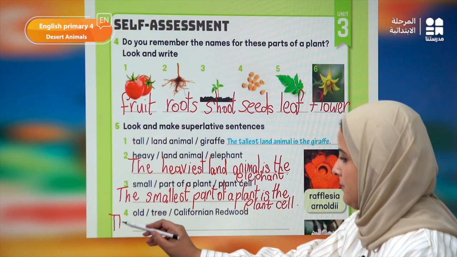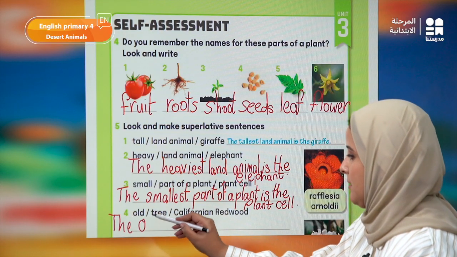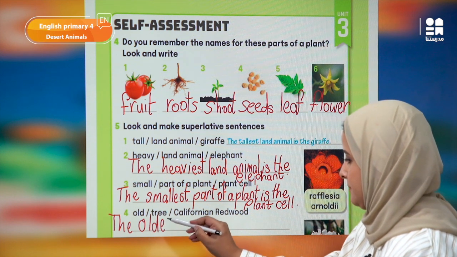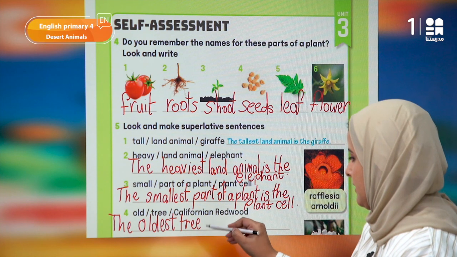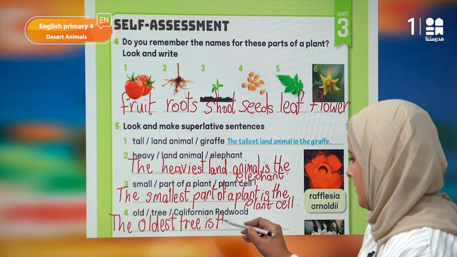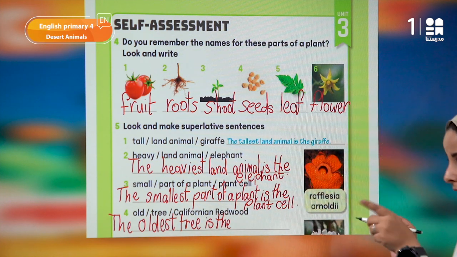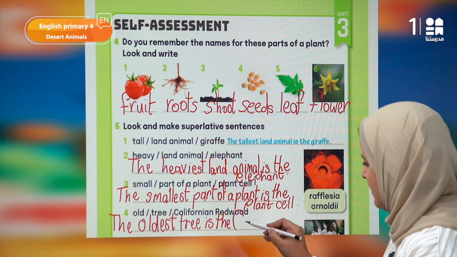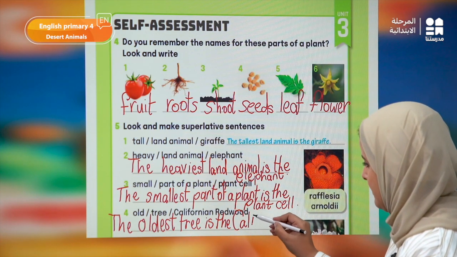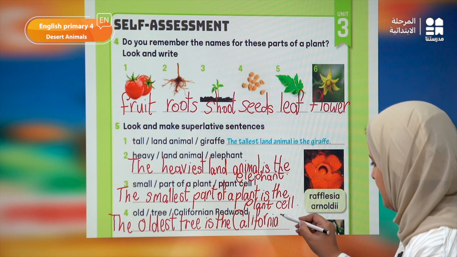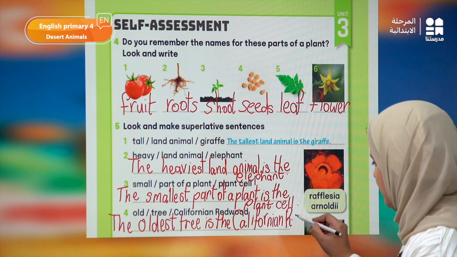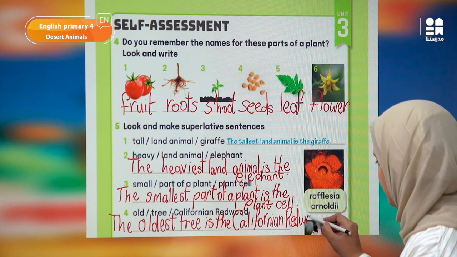Let's write it together. Number 4, the oldest tree is the, I will write it with a capital letter, Californian redwood.